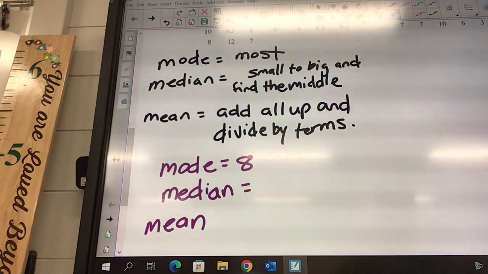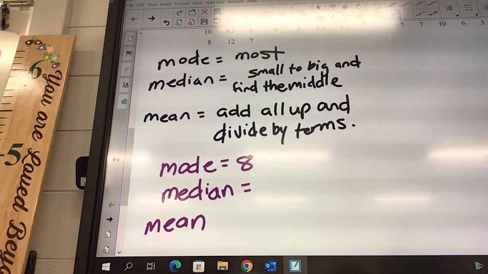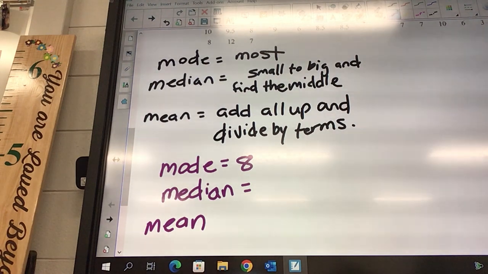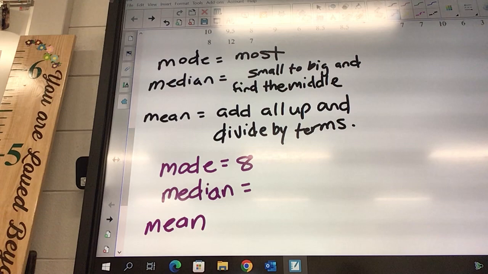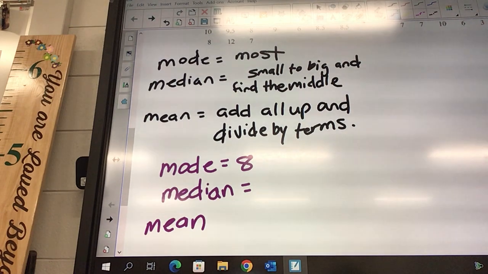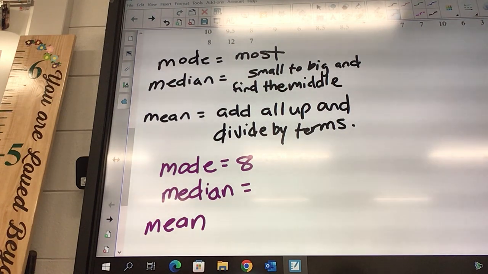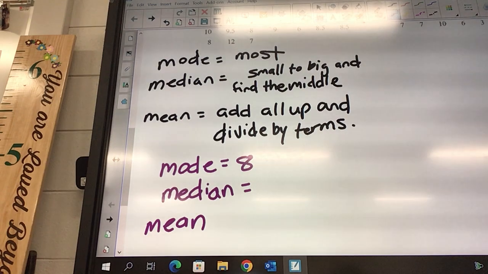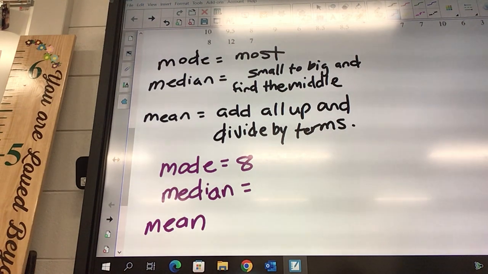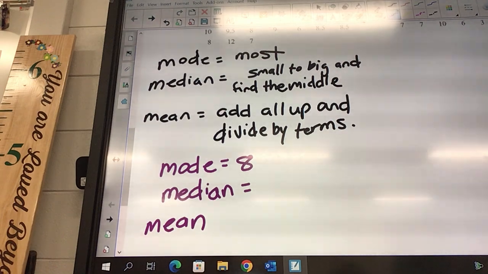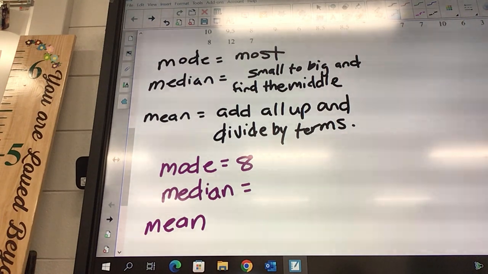Okay, so line them all up from least to greatest and find the middle. 8.5, somebody agree? Okay.